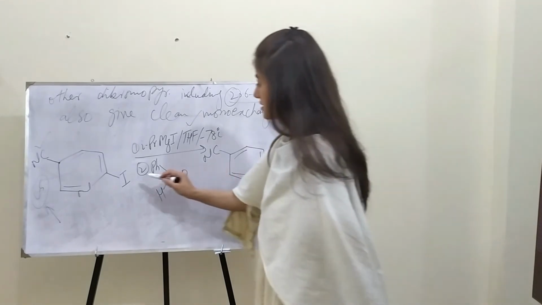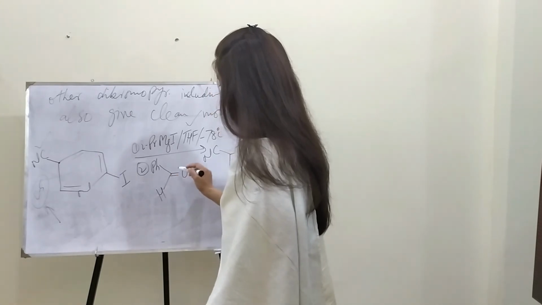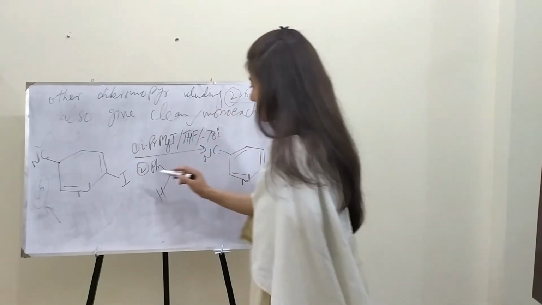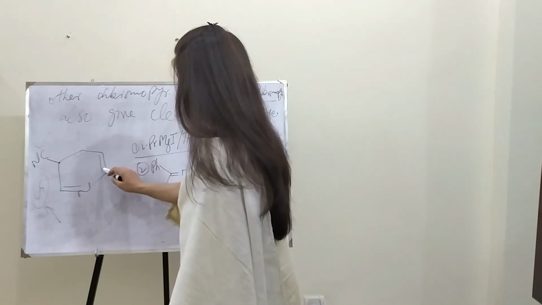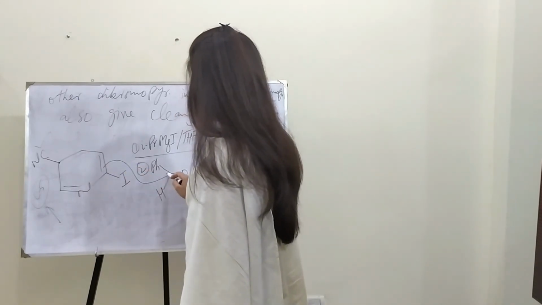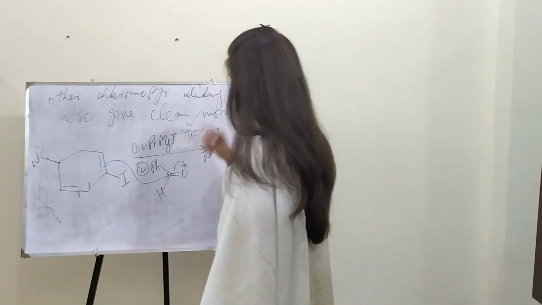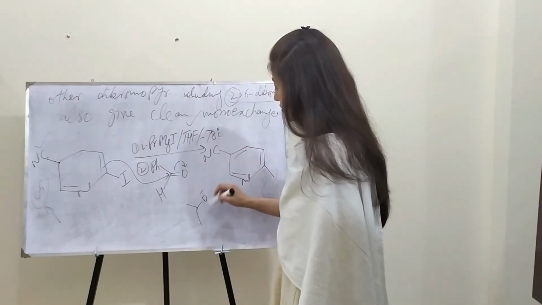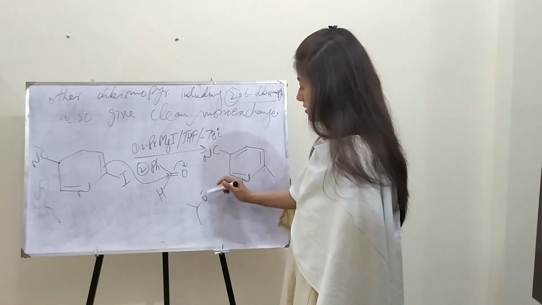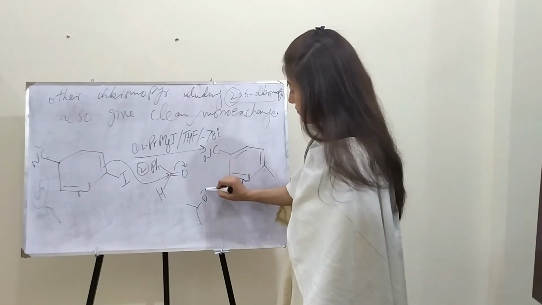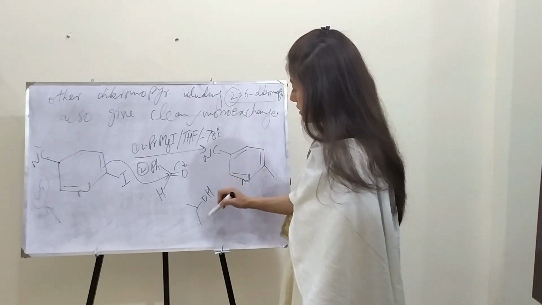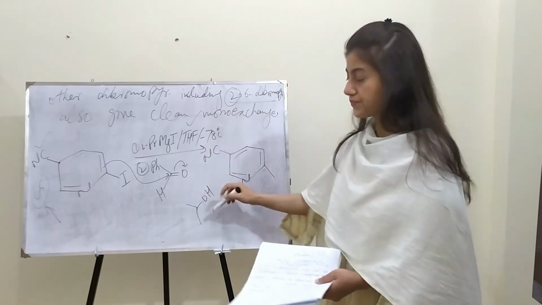In this case, first of all, this group would react at this position and this would go here, and after that this O negative would be treated with another protonic medium and that would abstract the proton from there.